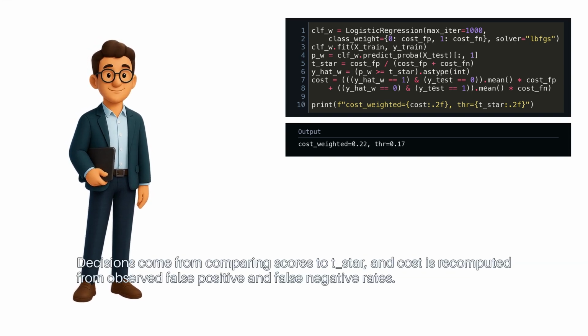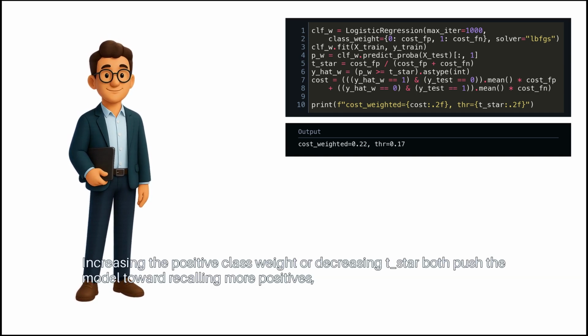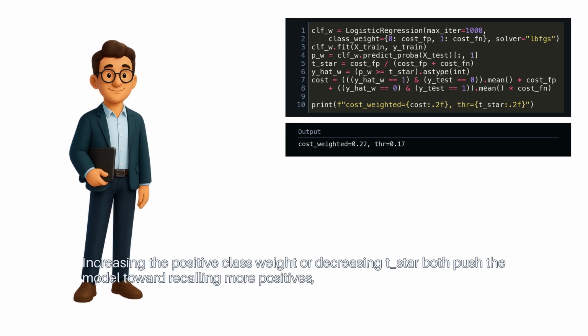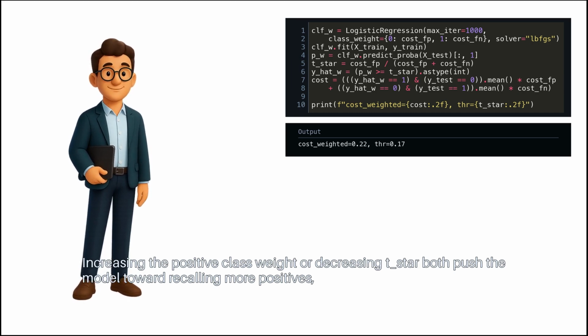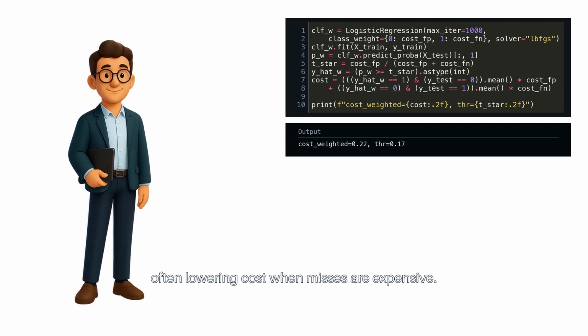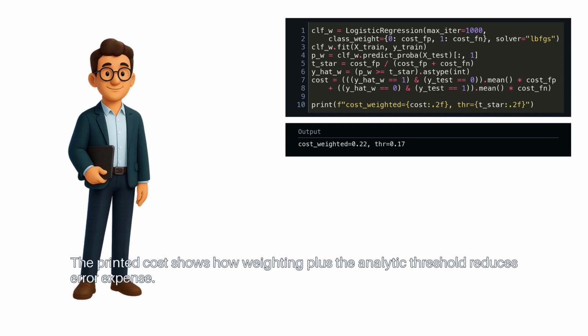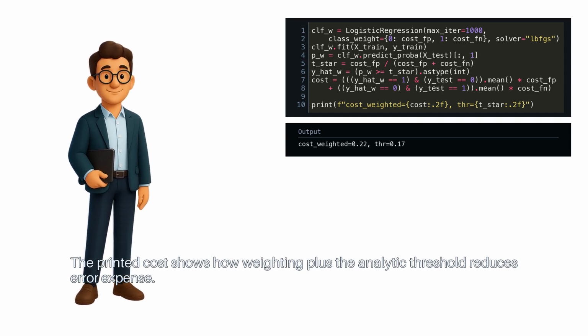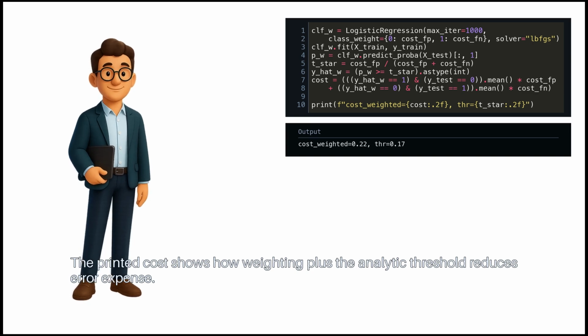Decisions come from comparing scores to T star, and cost is recomputed from observed false positive and false negative rates. Increasing the positive class weight or decreasing T star both push the model toward recalling more positives, often lowering cost when misses are expensive. The printed cost shows how weighting plus the analytic threshold reduces error expense.